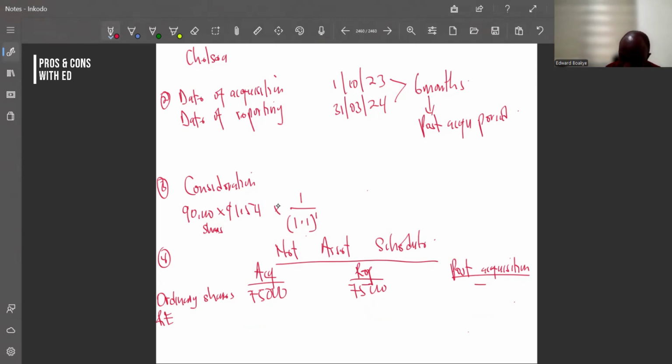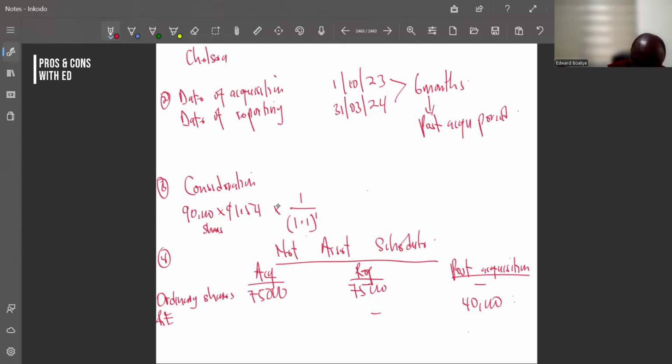The other way we can also do this is that our post-acquisition profit we know to be 40,000. But the overall profit for the year, which will be as reporting, is 80,000. And the retained earning, even before we came to purchase the company, is 70,000, right?